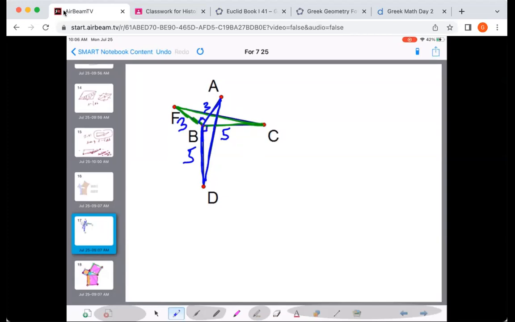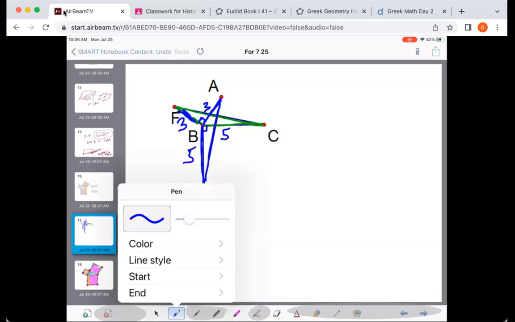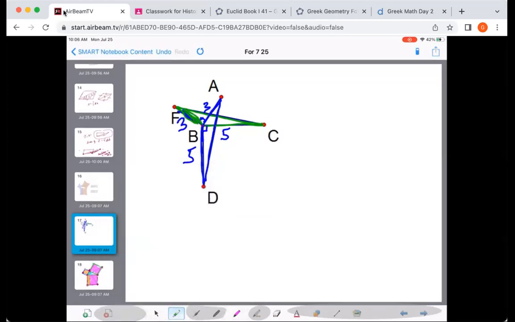So the 3 and the 5 are the legs? Well, 3 is a leg of the green triangle, namely this leg, and 3 is a leg of the blue triangle. So yes, 3 and 5 are both sides of the green. The green triangle has a 3 and a 5 around that obtuse angle.